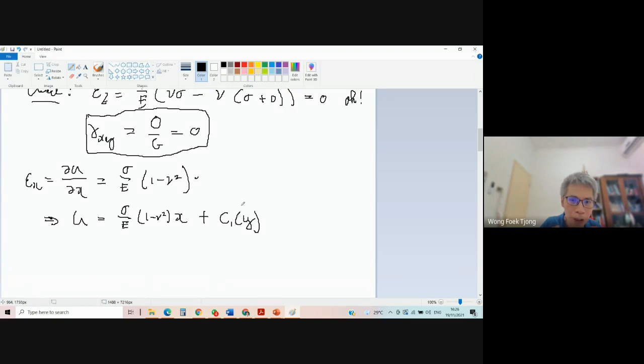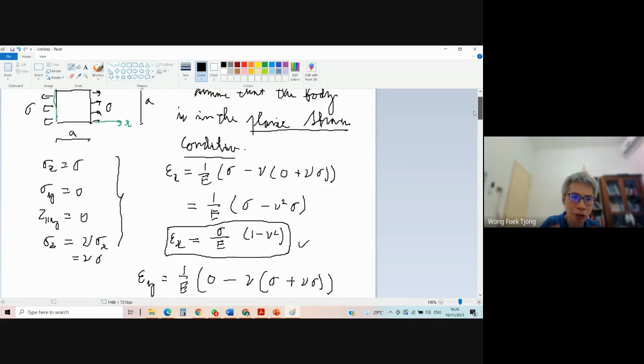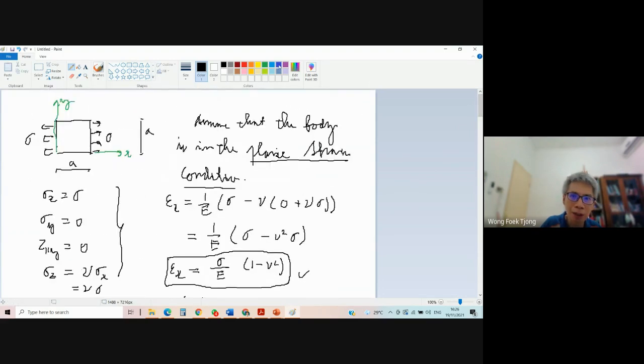Now, how to determine these constants? From displacement boundary conditions. Yes, because we see the boundary conditions here.